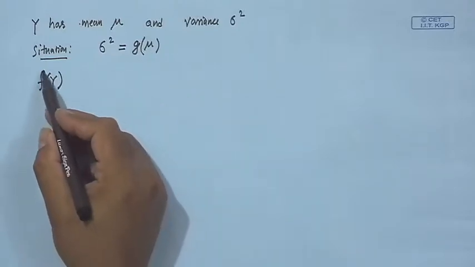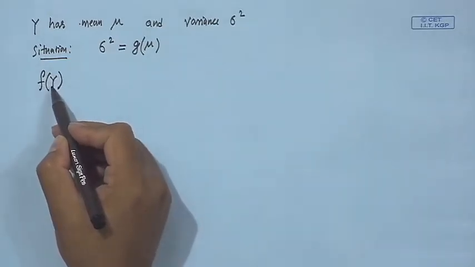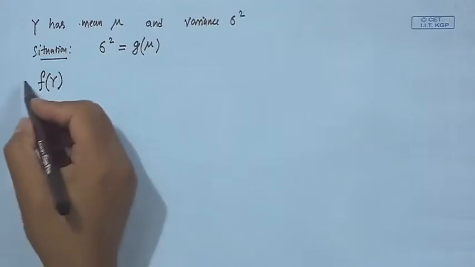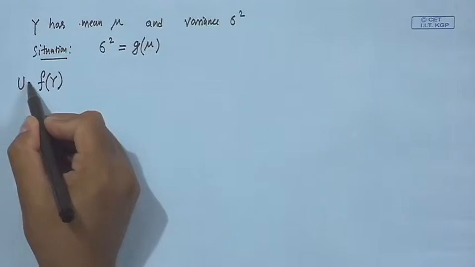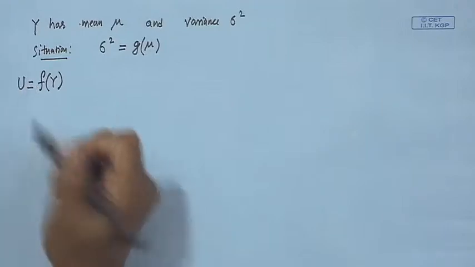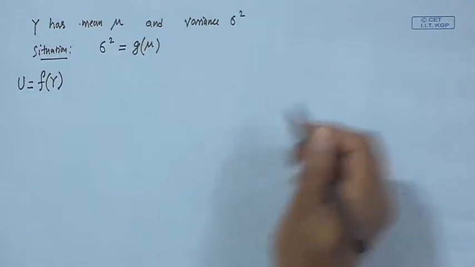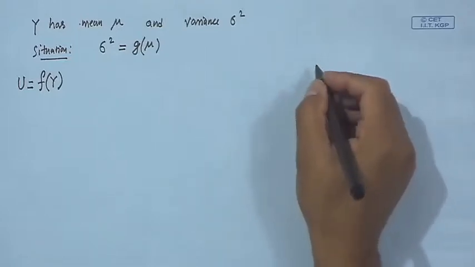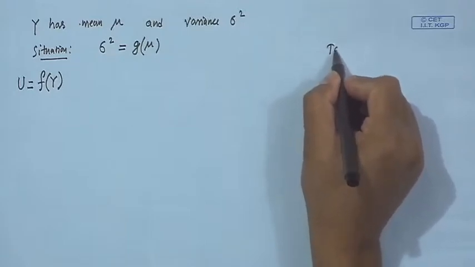So, how to find this transformation f on y so that the variance of f of y is constant? Well, so you call it u equal to f of y. Now, let me talk about a Taylor series.